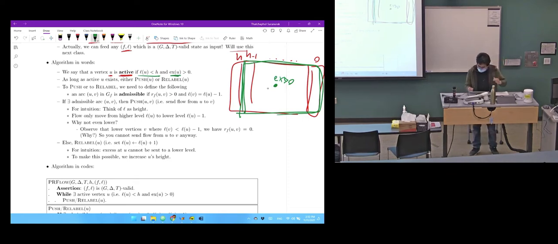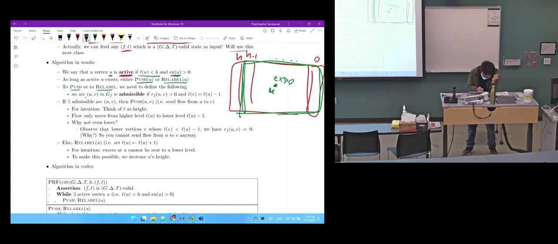And from the active node U, we will either push from U or relabel U. This is why the name push-relabel. Whether to push or relabel, it depends. We need to define the following.